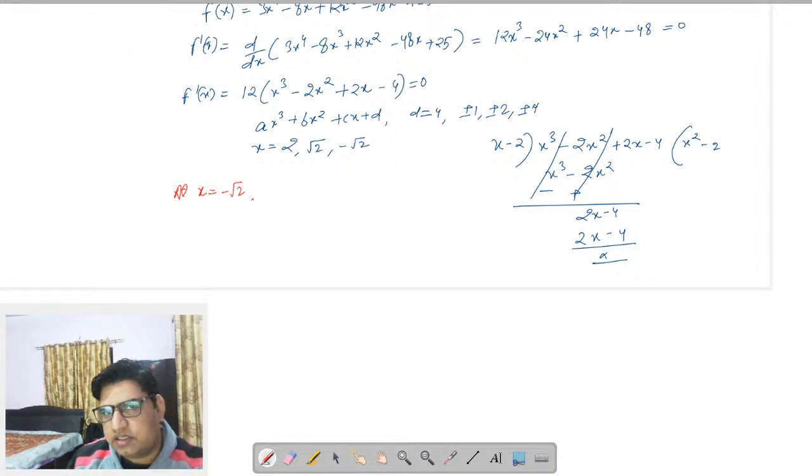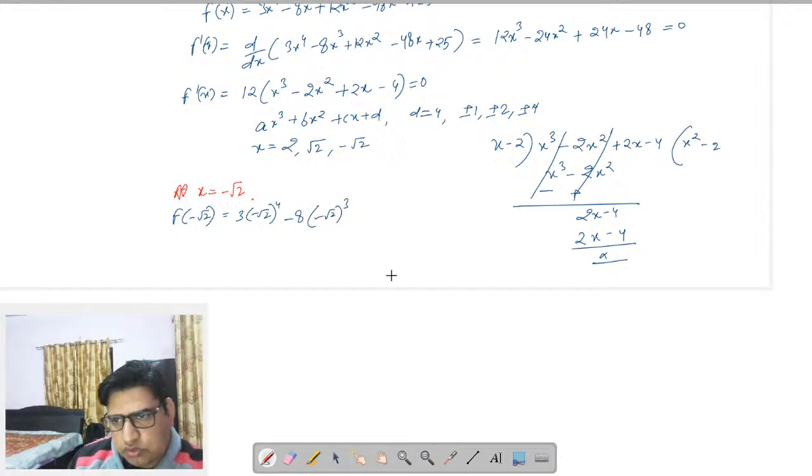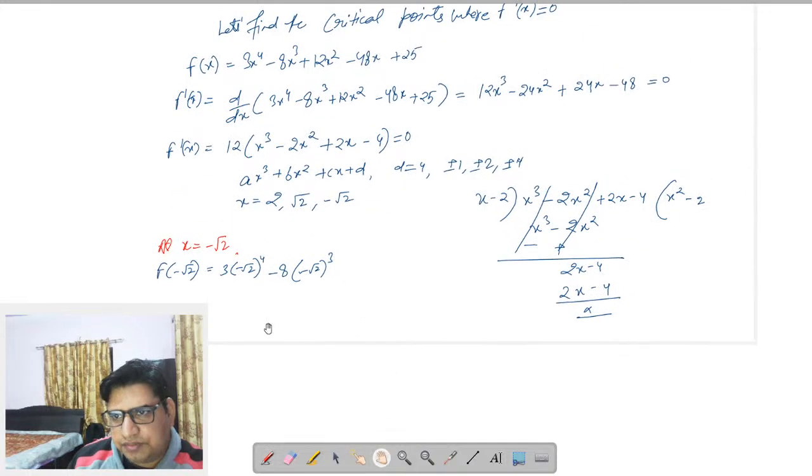So f of minus root 2 will become 3 into minus root 2 to the power 4, minus 8 into minus root 2 to the power 3, plus 12 into minus root 2 to the power 2, minus 48 into minus root 2, plus 25.